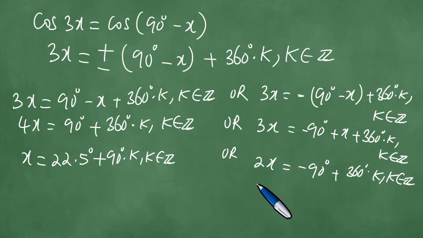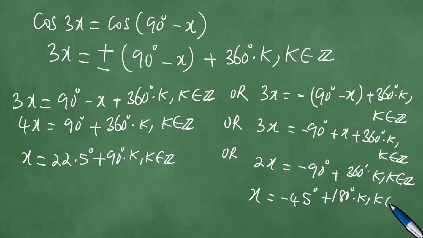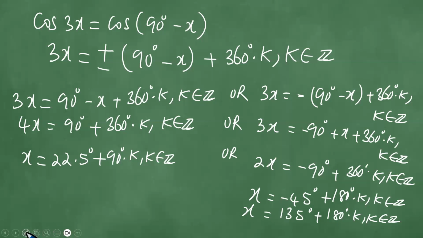Dividing both left and right by 2, we have x equals minus 45 degrees plus 180 degrees by k, where k is an element of z. Upon further examination, this can be written as 135 degrees plus 180 degrees by k, where k is an element of z.